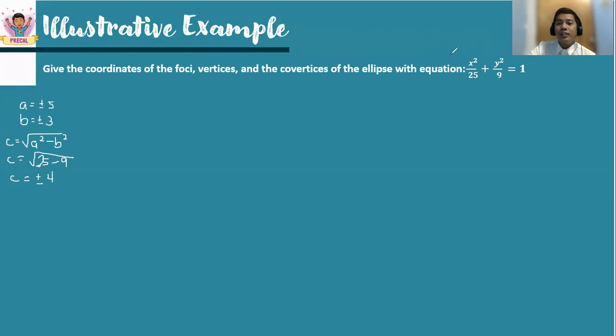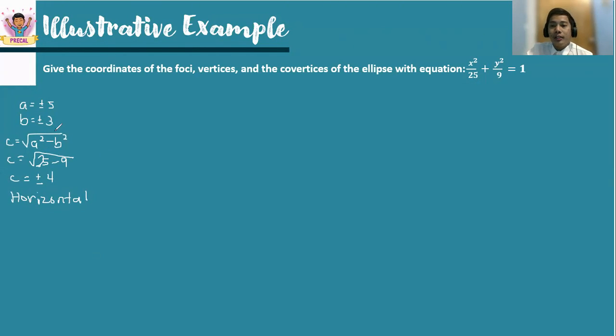Now, determine what type of ellipse do we have. Correct. The answer is horizontal ellipse. Reason? It is because the x part is bigger than the y part. So when we draw the ellipse, it would look like a horizontal ellipse.